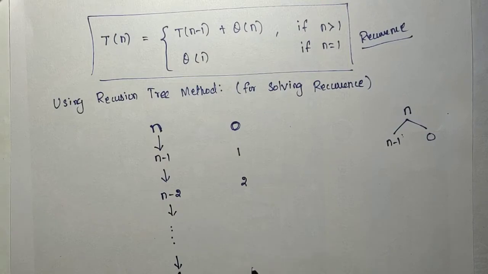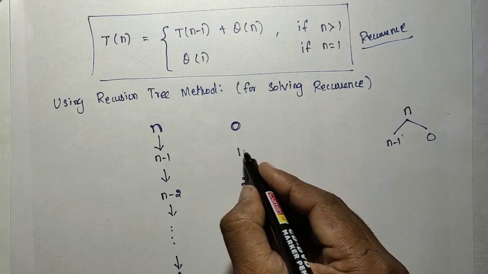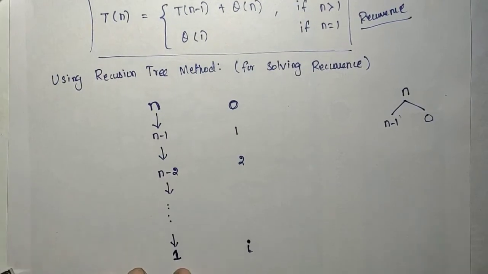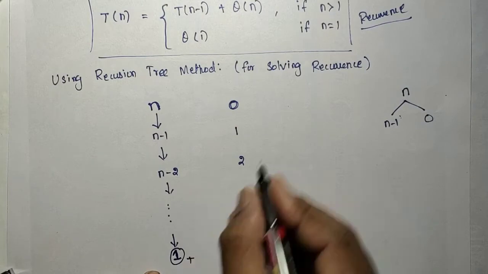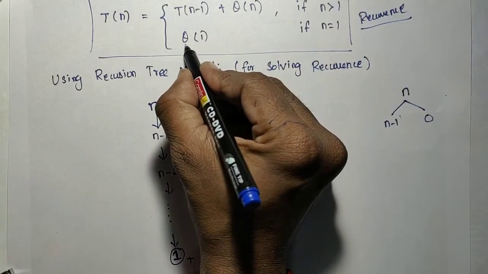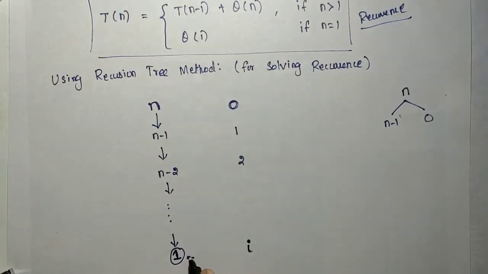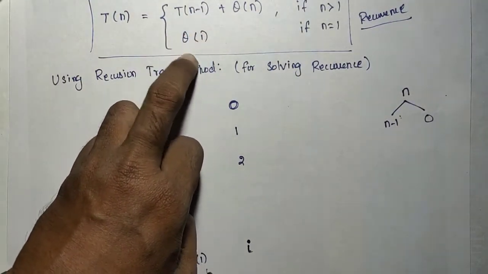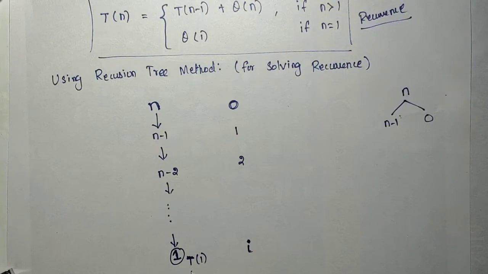Say that level is the ith level. In the ith level, the size is 1, so the complexity will be T(1), which is the known complexity, Θ(1).